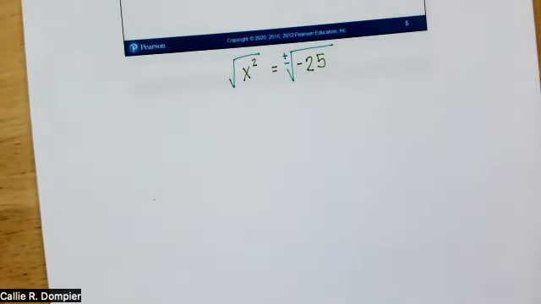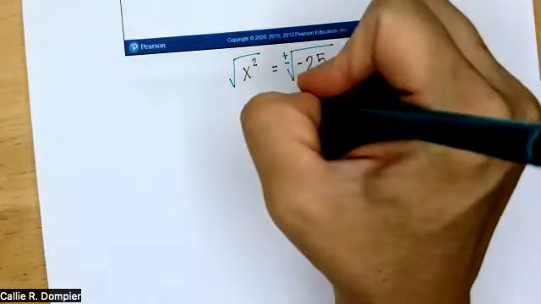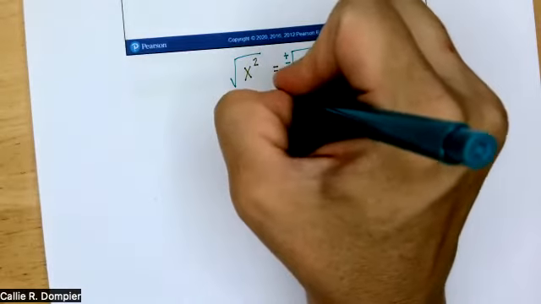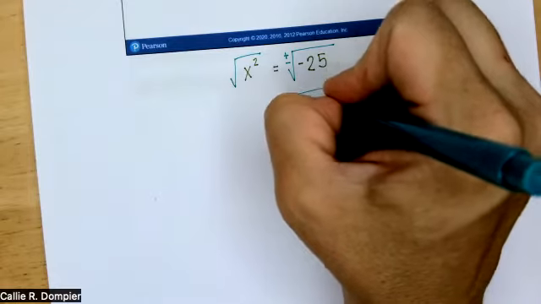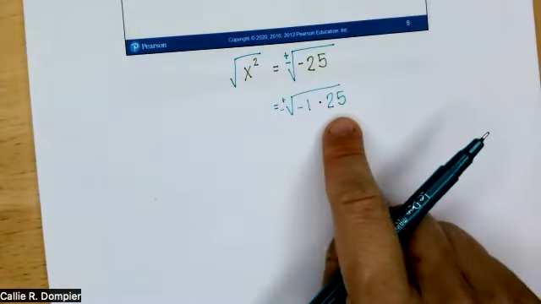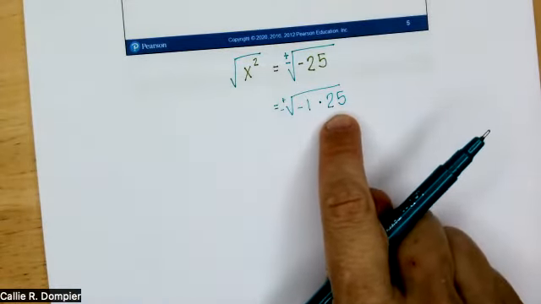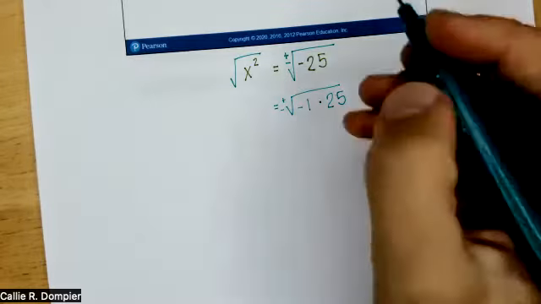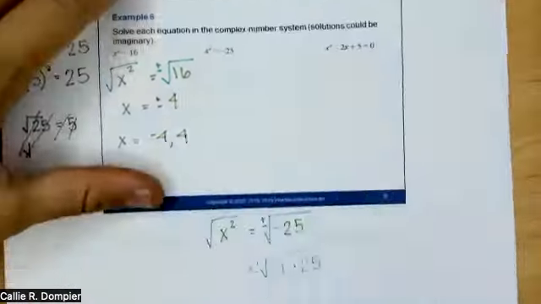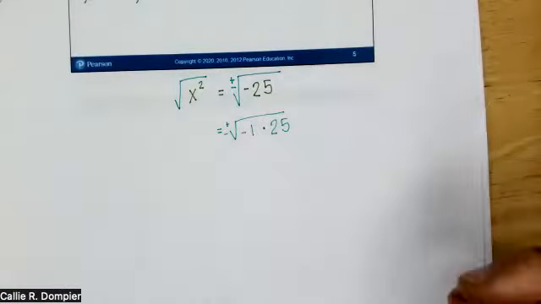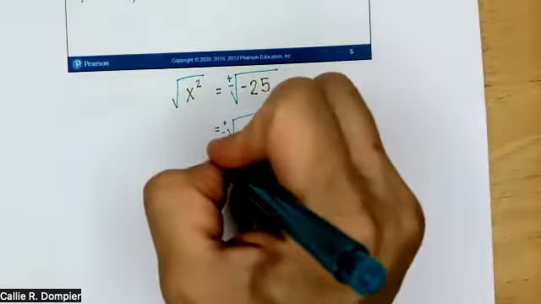So what we do is we factor the square root of -25 to make it -1 times 25, because then I can take the square root of 25 if it's positive, and I know that the square root of -1, I can call i. I can just put an i behind all of this and make the negative disappear.